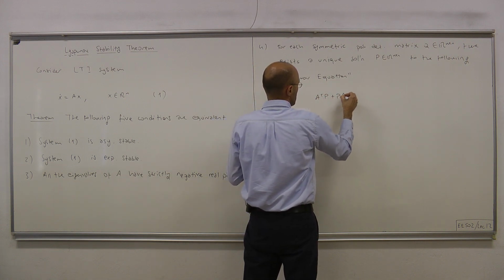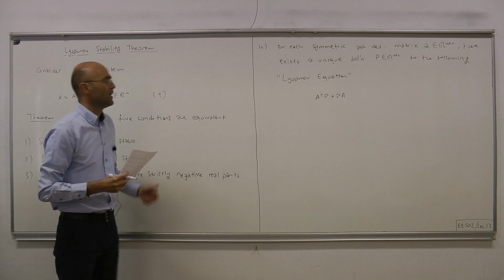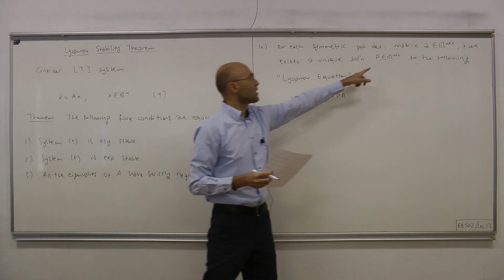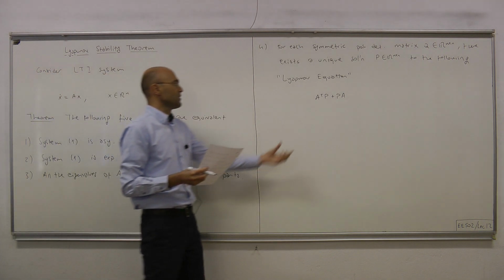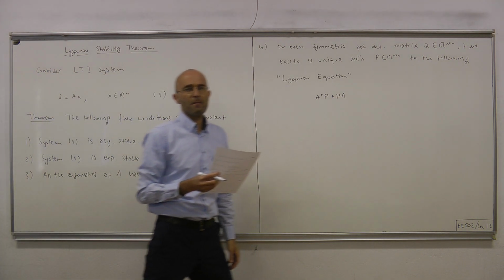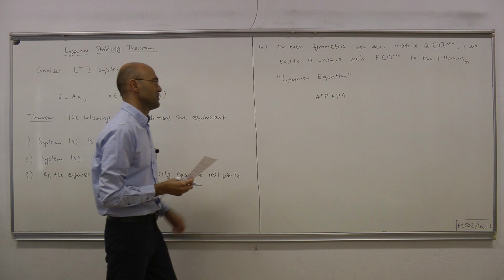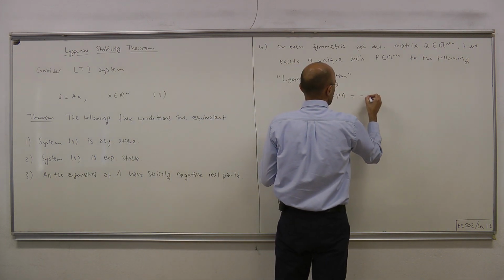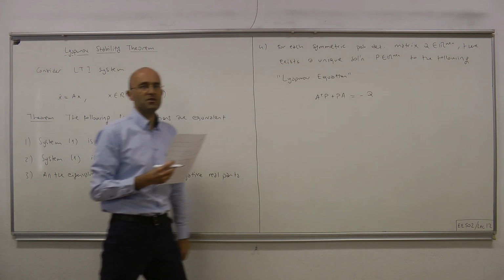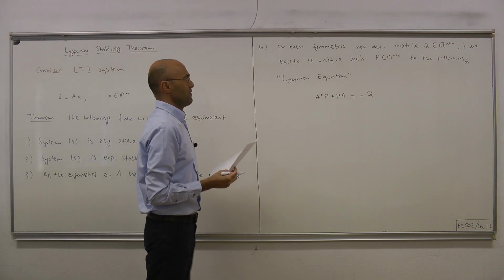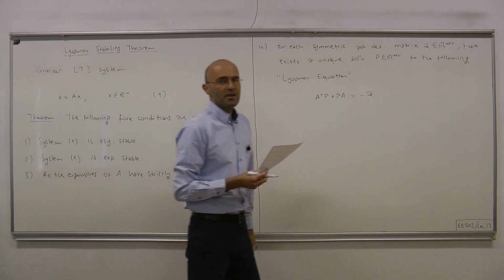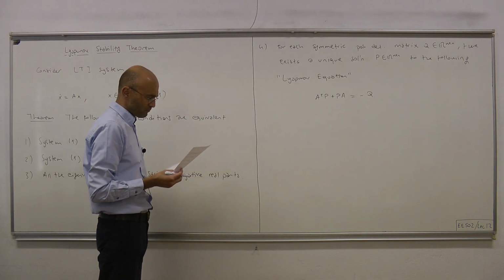A^T P plus P A. Now P is n by n. A, our system matrix, is n by n. So A^T P and P A are two n by n matrices, and this equals minus Q. Where Q is a positive definite matrix, and therefore minus Q is a negative definite matrix.